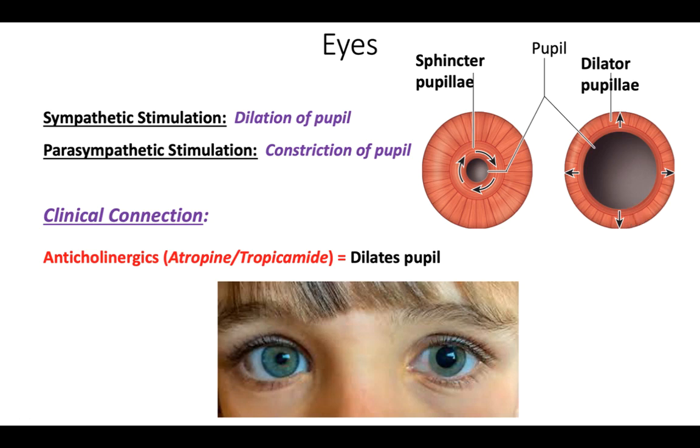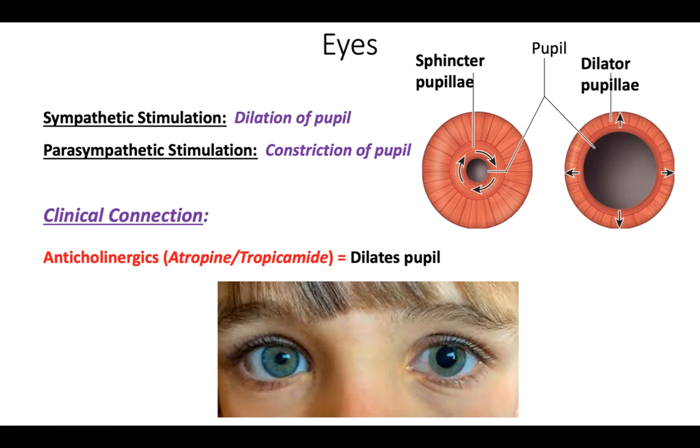Now there's a clinical connection here. If you've ever had your pupils dilated during an eye exam, those medications are typically anticholinergics. So they block the parasympathetic stimulation. If you block the parasympathetic stimulation of the sphincter muscle, the pupil will dilate.